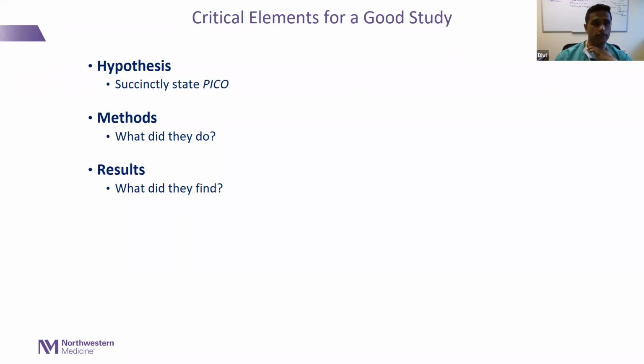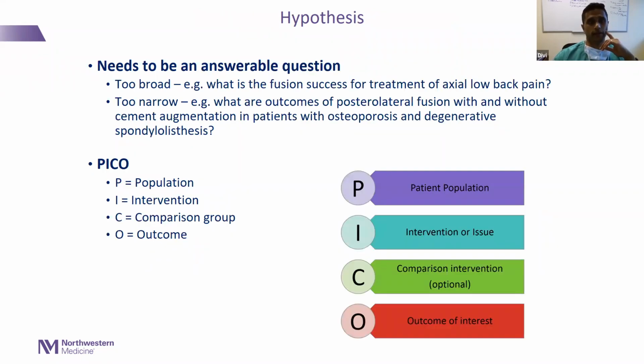So every study should succinctly state this, usually at the end of the introduction, right before you delve into your methodology. In 1 to 2 sentences, it needs to state this. Basically, the study needs to identify what patient population we're working on, what the actual intervention is that the patient is undergoing, whether there is a comparison group, and there may not be, and what the specific outcome of interest is.